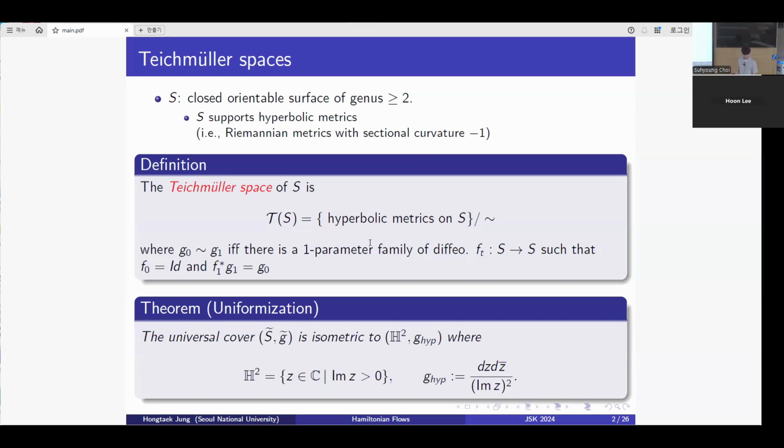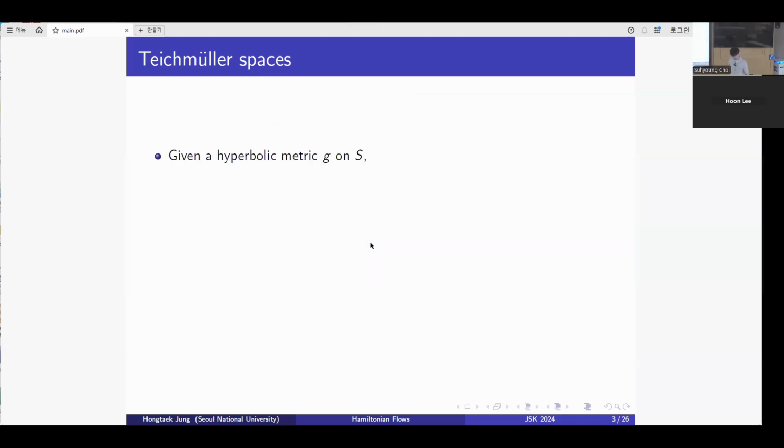So if I have the uniformization, then we can do the following. Suppose that you are given a surface with a hyperbolic metric. The uniformization theorem tells us that there exists an isometry between the universal cover with the lifted metric and the upper plane model.